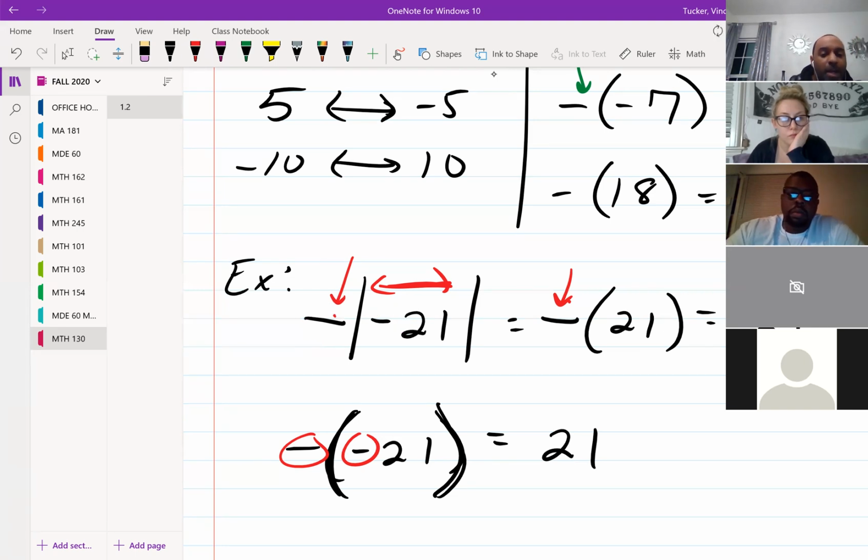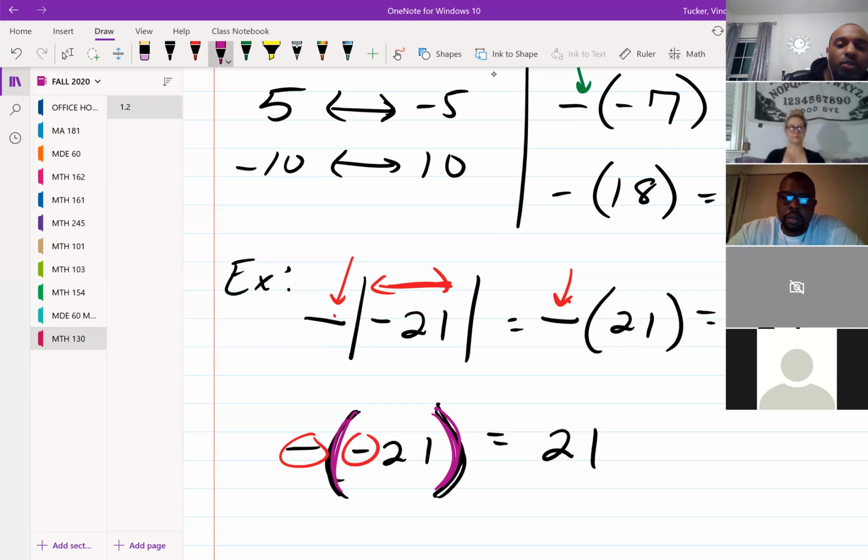So that absolute value actually is an application, whereas these parentheses are just notation. They just hold that number there. All right. Questions on anything I've said?